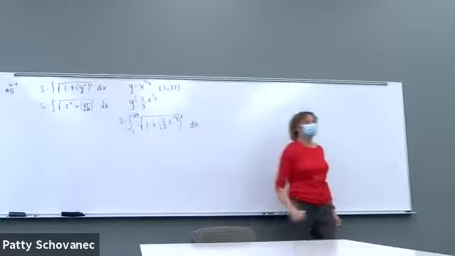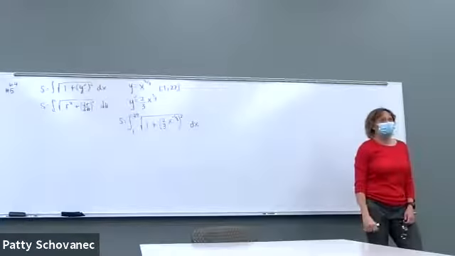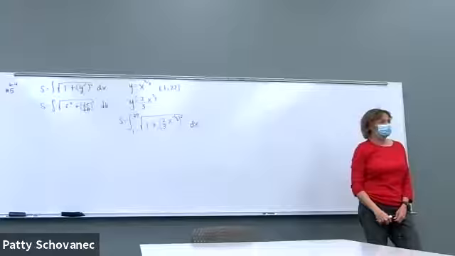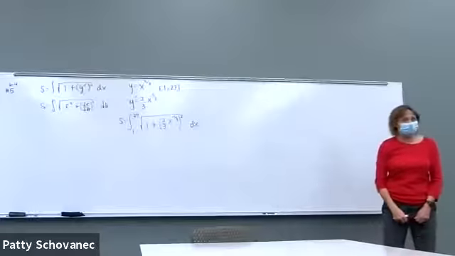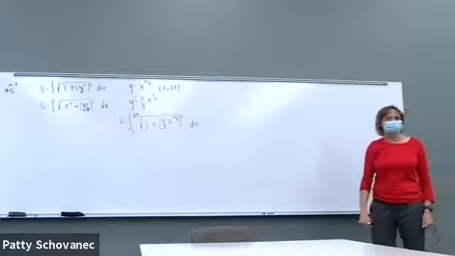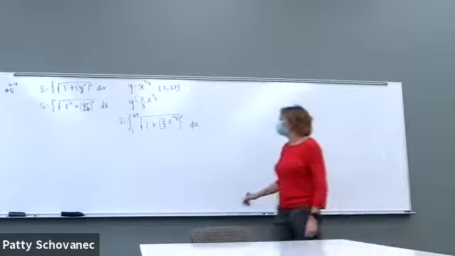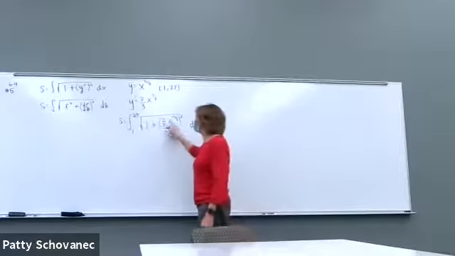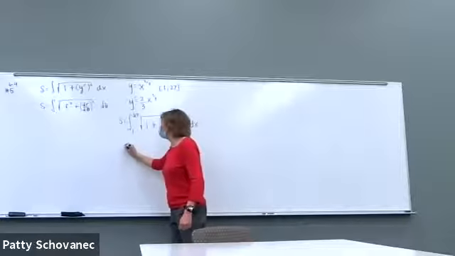Just like that. When you square the y prime, don't forget to square that number in front. And then you square the x to a power by multiplying exponents. And so I'm going to get 1 plus 4/9 x to the negative 2/3.